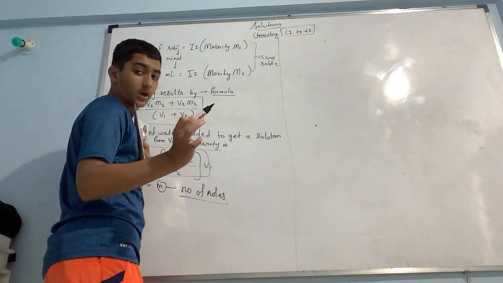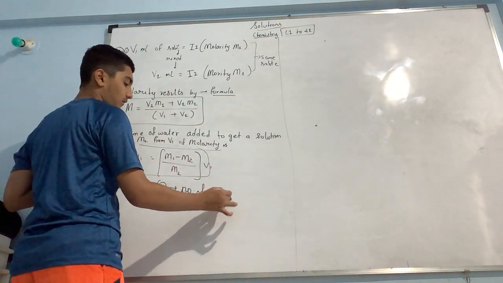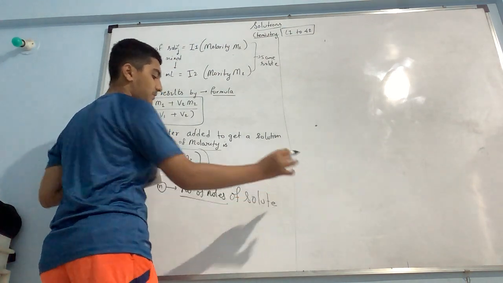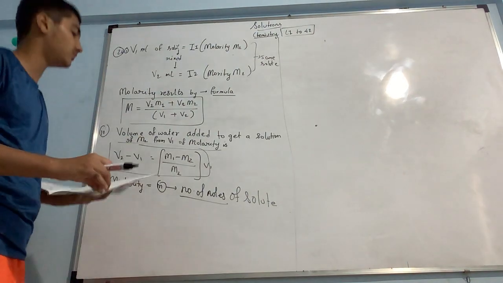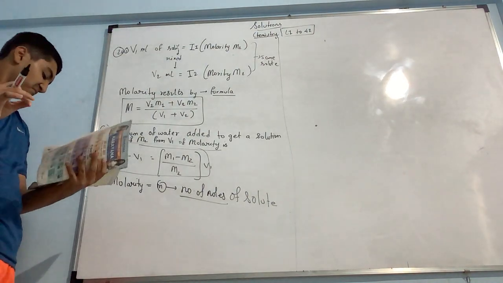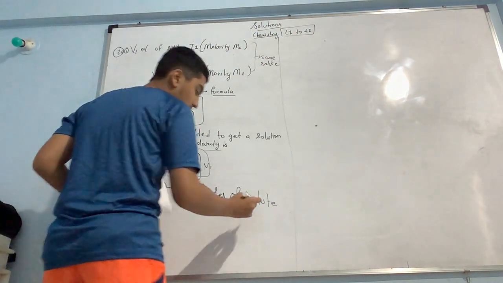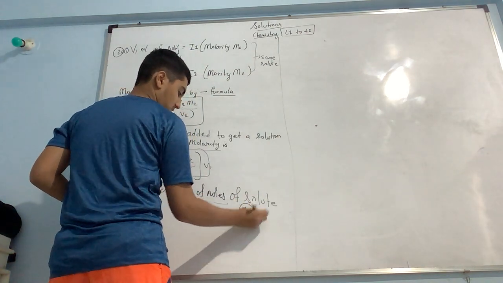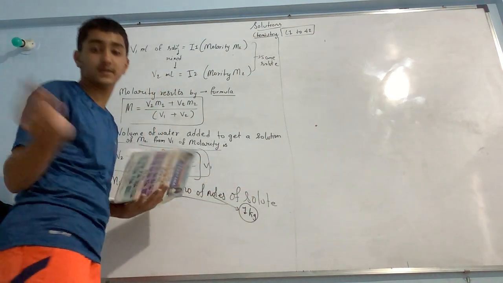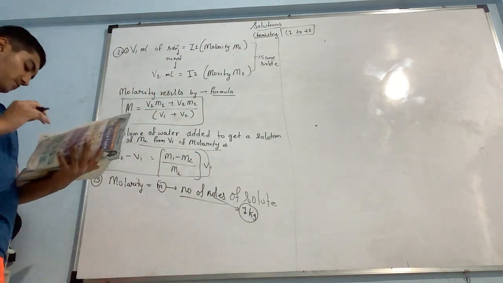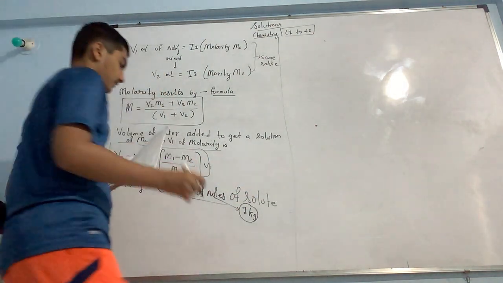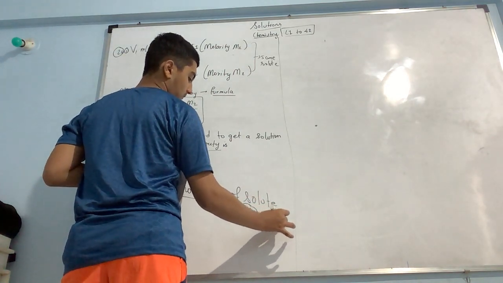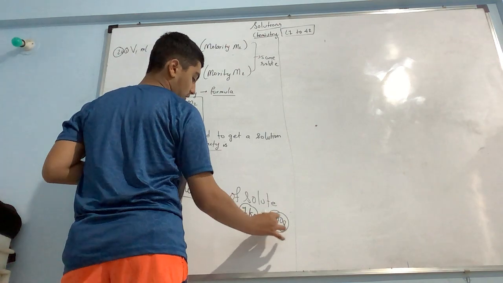Number of moles of a solute, the moles which are present in the solute, but in how many kg? In 1 kg, or you can say 1000 grams of solvent.